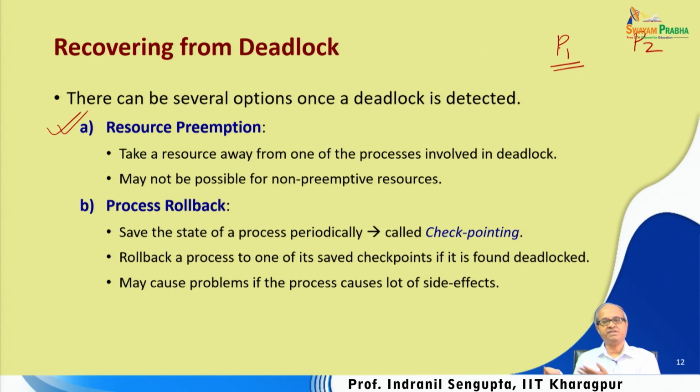Later, when the resources are available again, give them back to P1 and P1 can resume. So, the idea is you take a resource away from some process involved in deadlock, assuming that the resources are preemptible.